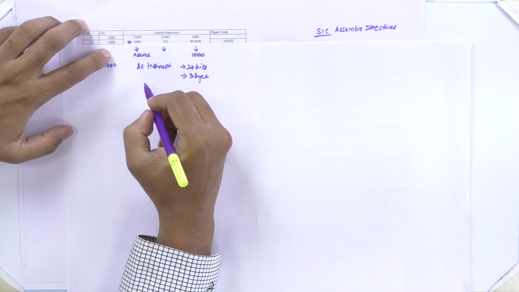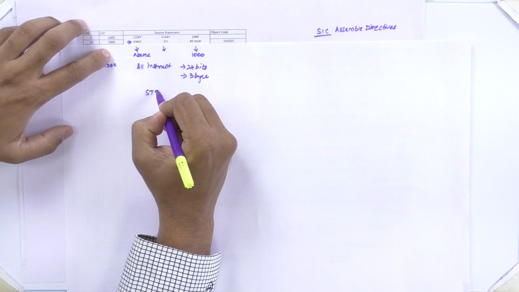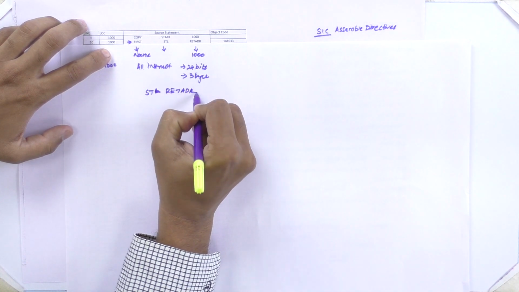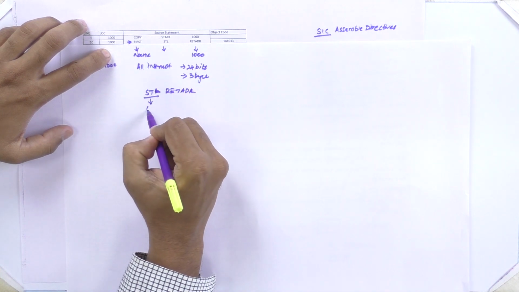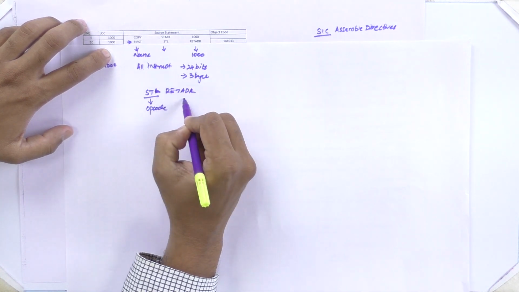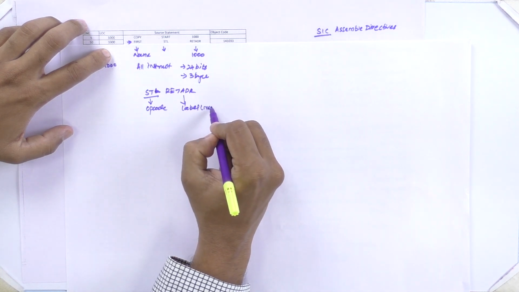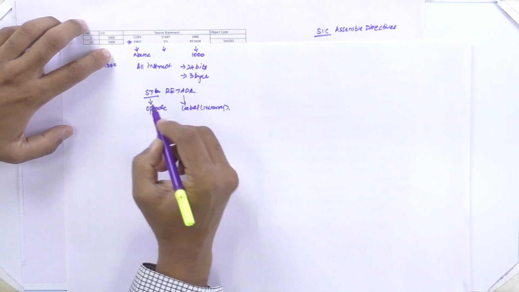So for the first instruction, for example, the instruction is STL RETADR. Here STL is your opcode, and this is your label or a memory operand.